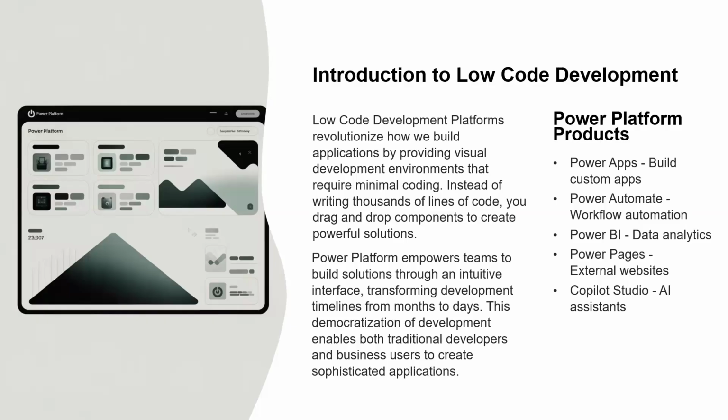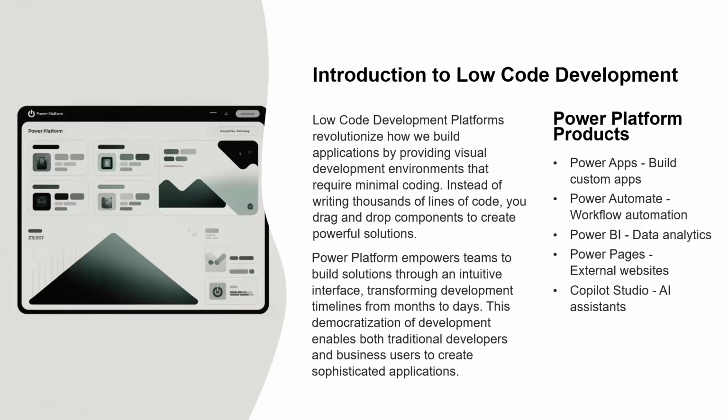So they revolutionize how we build applications by providing visual development environments that require minimal coding. Instead of writing thousands of lines of code, you can use drag and drop components to create a powerful solution. The Power Platform empowers teams to build solutions through an intuitive interface, transforming development timelines from months to days.